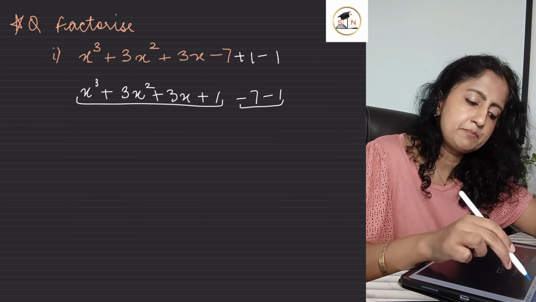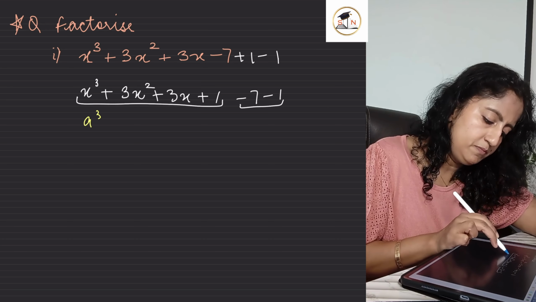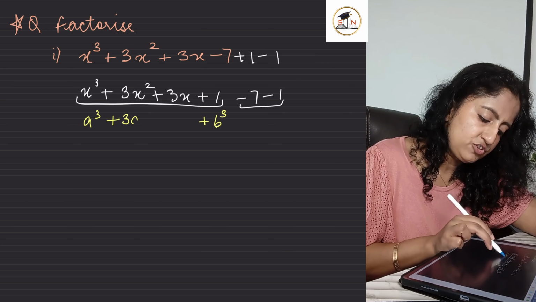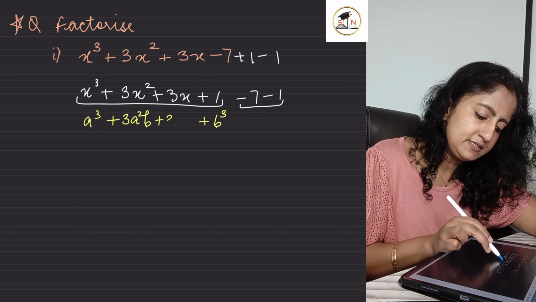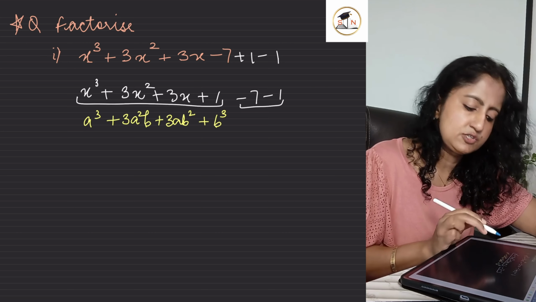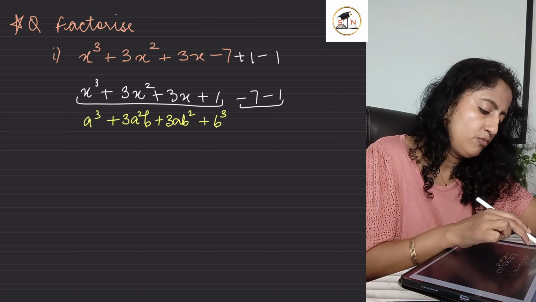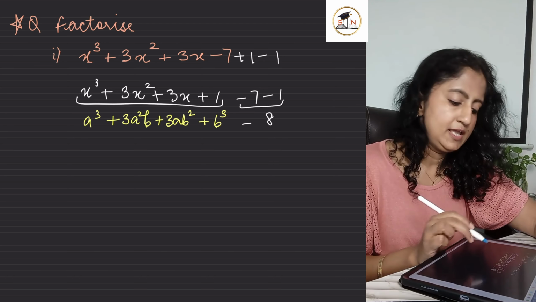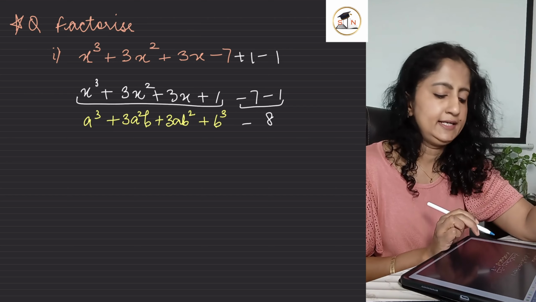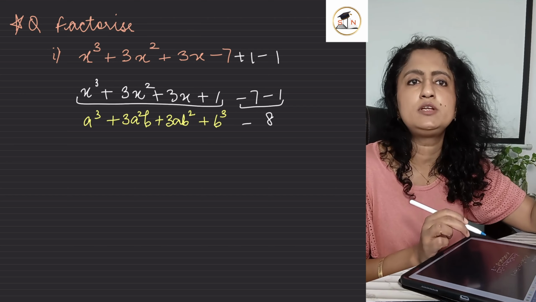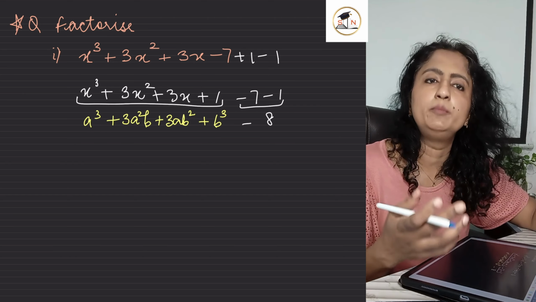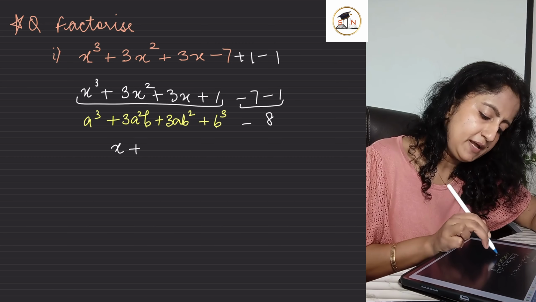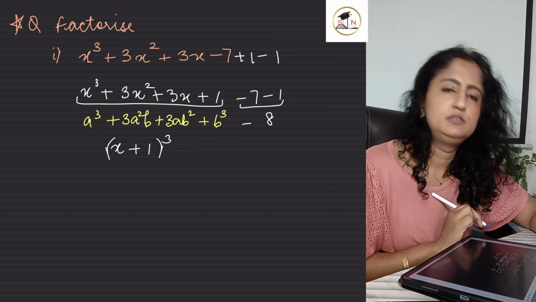This is basically a cube plus b cube plus 3a square b plus 3a b square. And what do we have on the left? This is minus 8. I have written the identity intentionally so that you can make out what it is going to be. So this is going to give me x plus 1 whole cube.